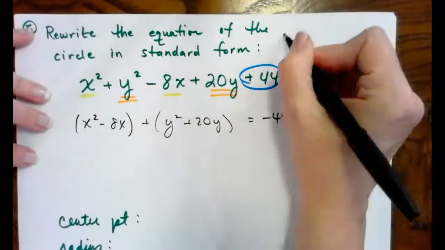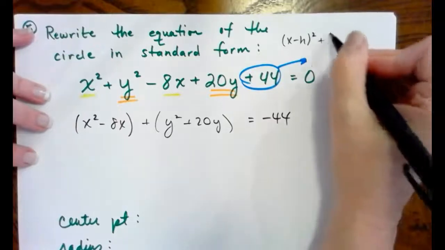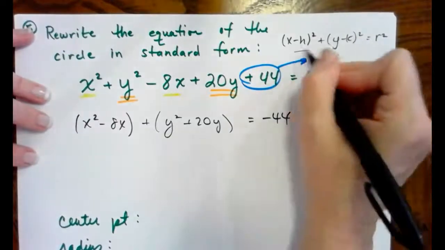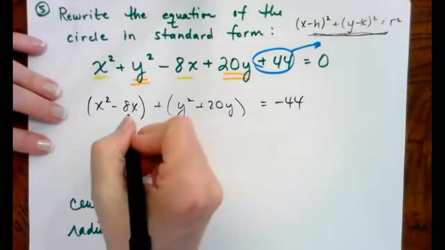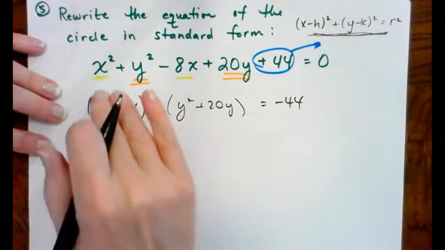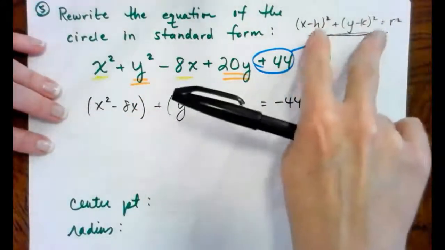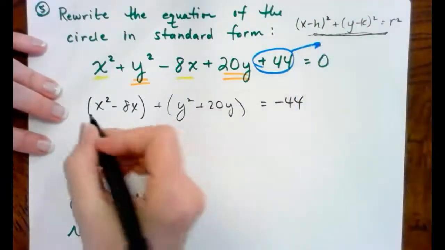Remembering that our standard form of a circle looks like this: (x minus h) squared plus (y minus k) squared equals r squared. Everybody has to know that. So next, we're going to complete the square for the x's and the y's, because our goal is to have a factored expression for the x's and the y's.